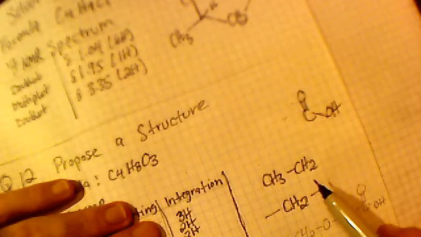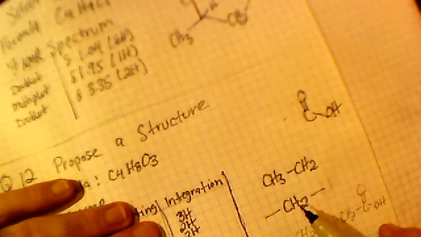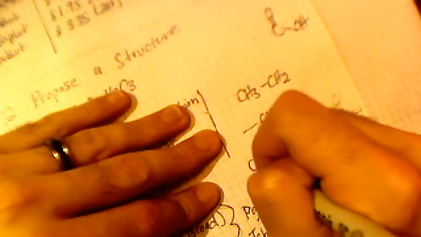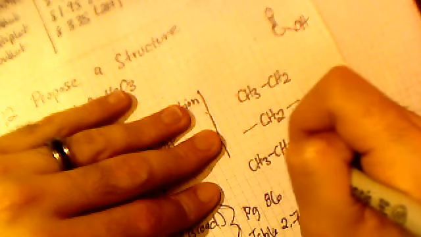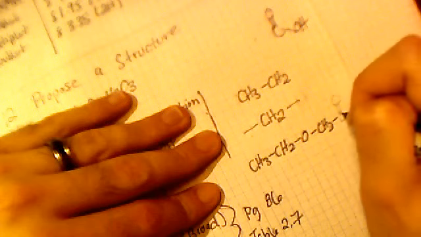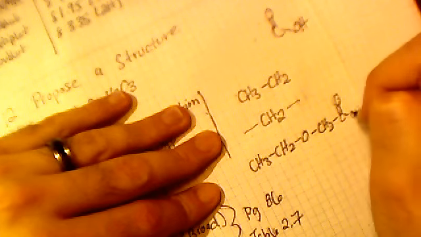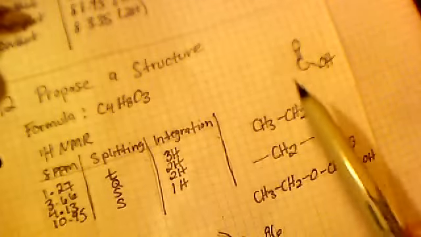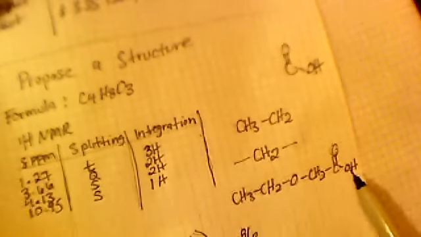So when I was trying to figure it out, I didn't find anything in the IR data that suggested this was an ether, but I said the molecule was CH3, CH2, O, CH2, COOH. I was looking, there's 3 O's, right? So the 2 O's are taken up by this carboxylic acid right here.